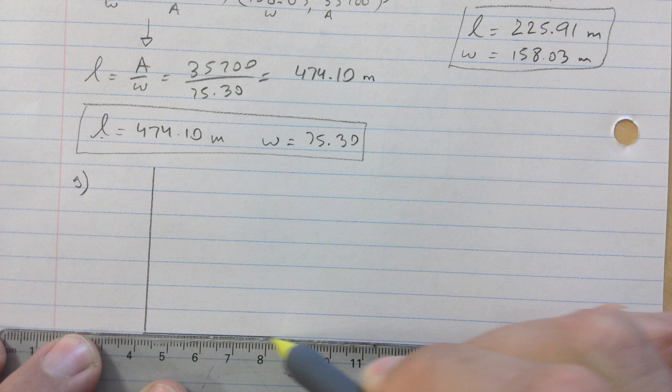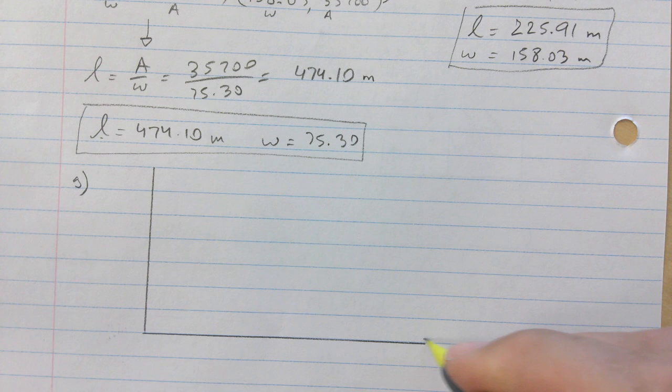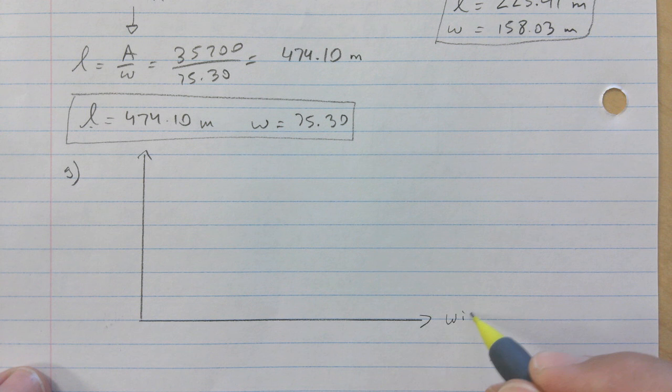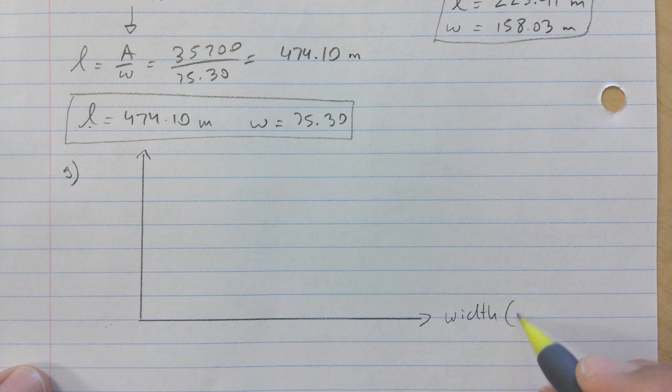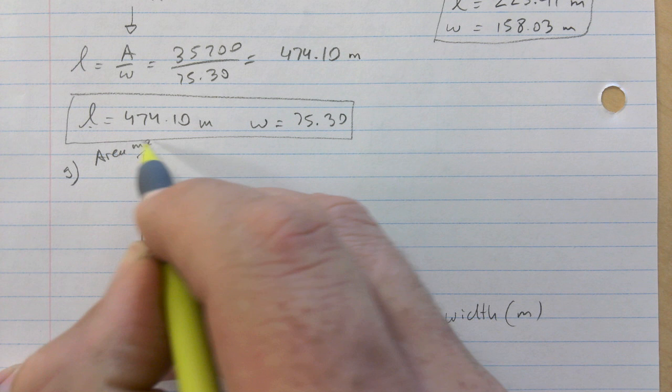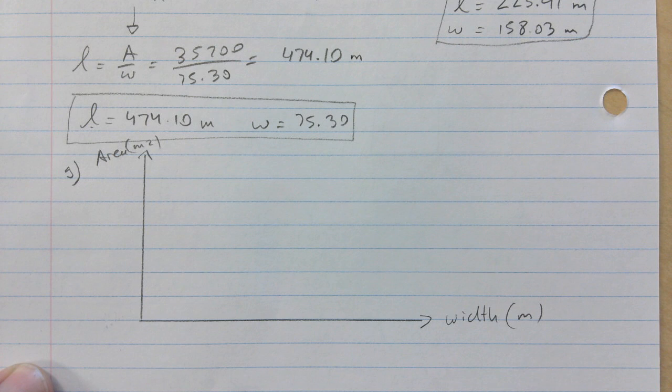So what are we graphing again? Okay, we're doing width and area. So it's the equation, the latest one we've done. And it's in meters, square meters. I need 100, 200, 300, that'll do.